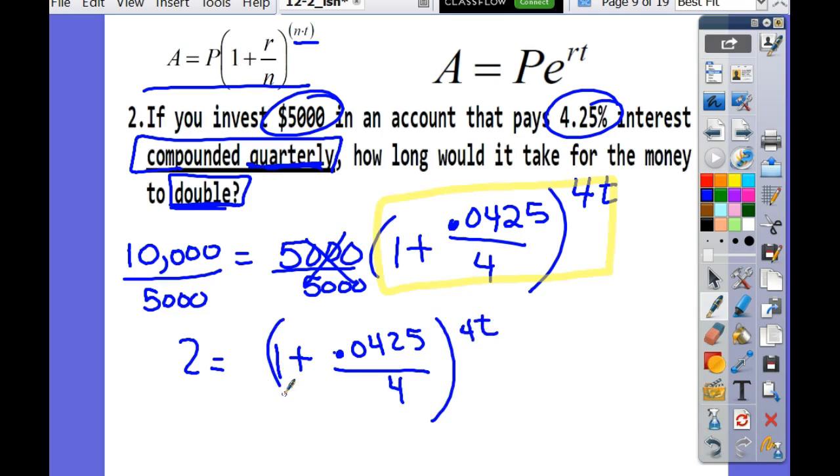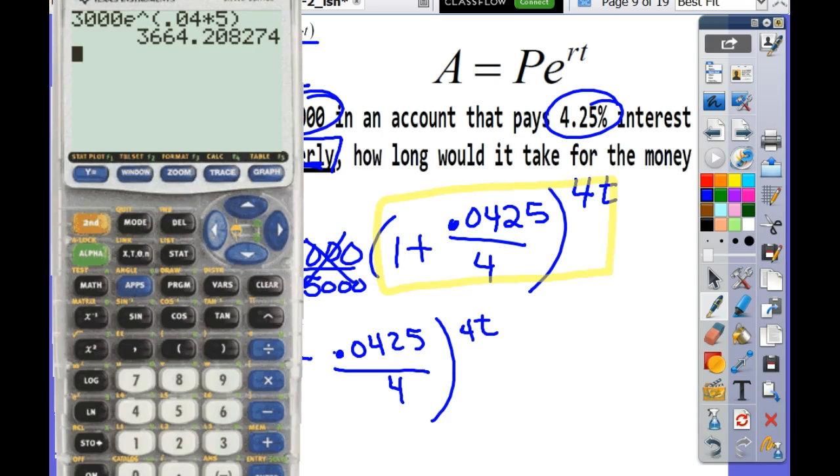Now, to make this a little bit easier to figure out, I'm going to go ahead and put the 1 plus 0.0425 divided by 4 in my calculator and decimalize it.